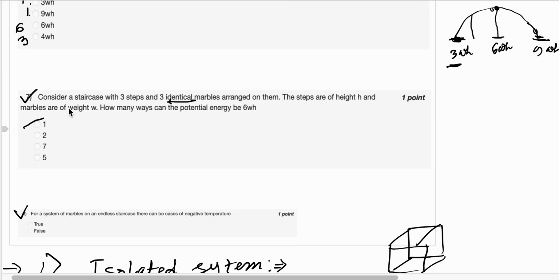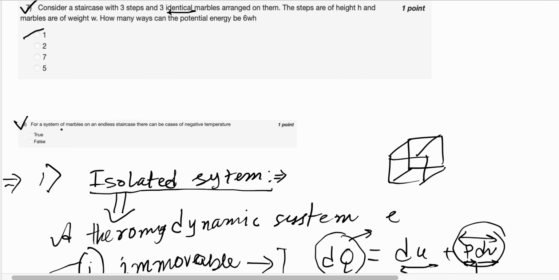So question 8: for a system of marbles on an endless staircase, there can be cases of negative temperature.